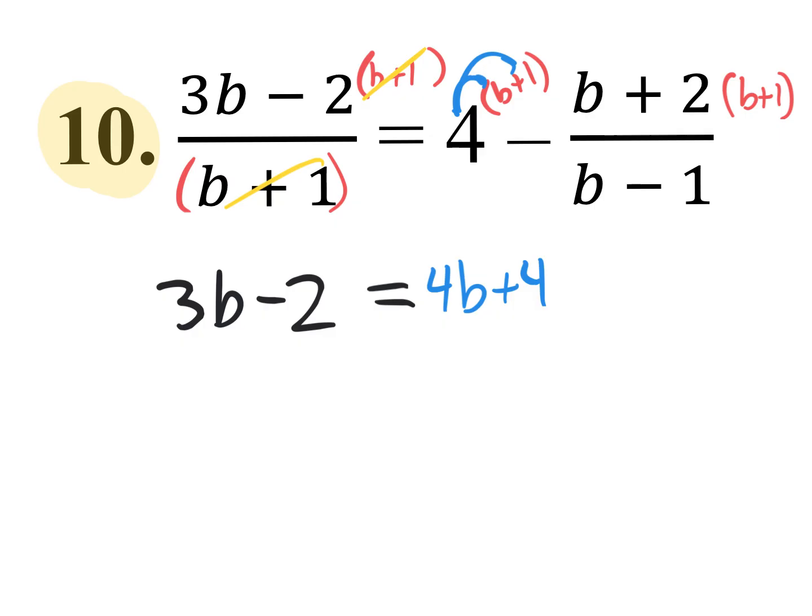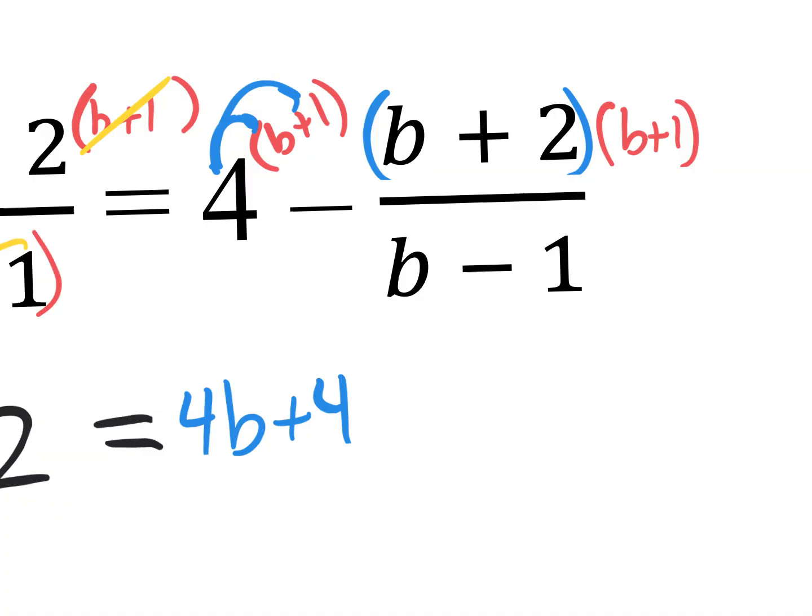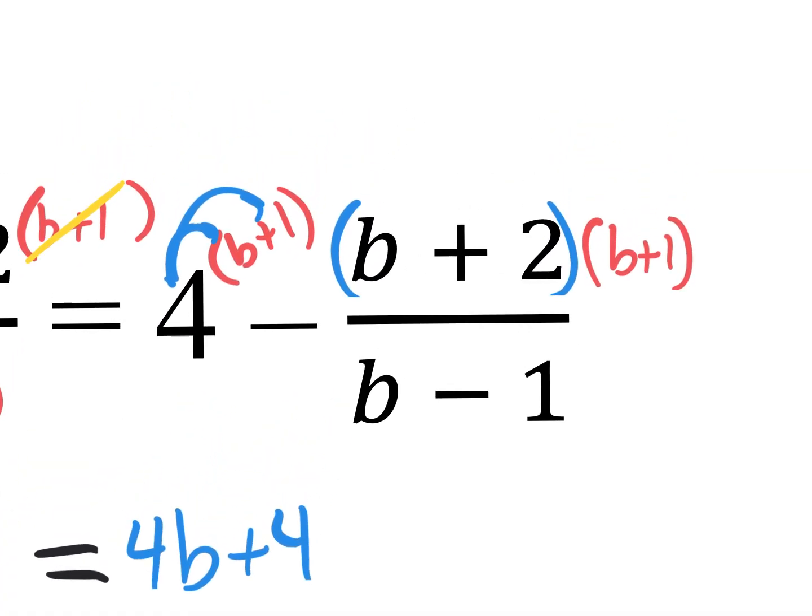And what we need to recognize is that the numerator is a binomial. So we really have the binomial b plus 2 times b plus 1, and they're both in parentheses. So that itself is going to be a rather lengthy distributed property problem. Let's do that. Check this out. B times b, I'm just going to write it up here, b squared. b times 1 is 1b.